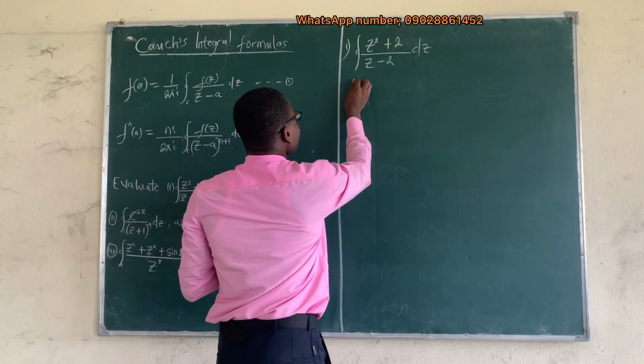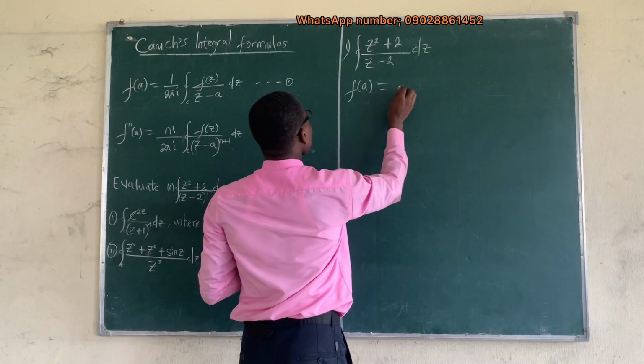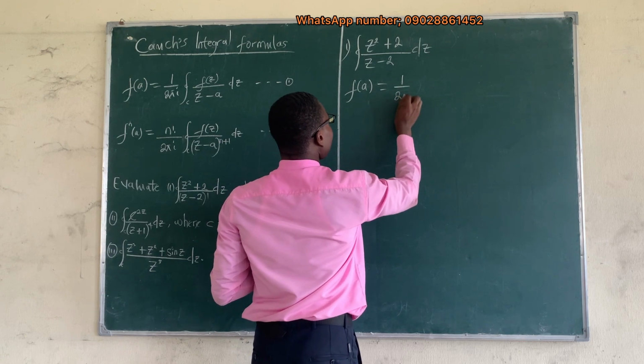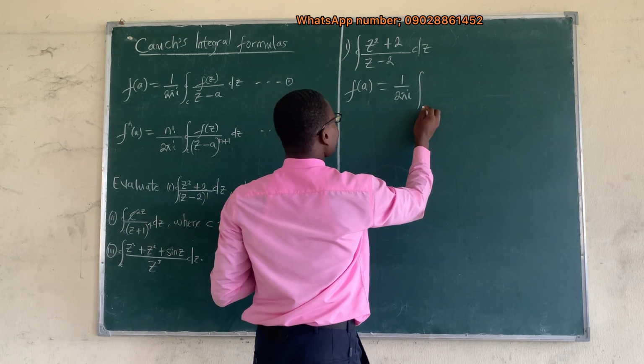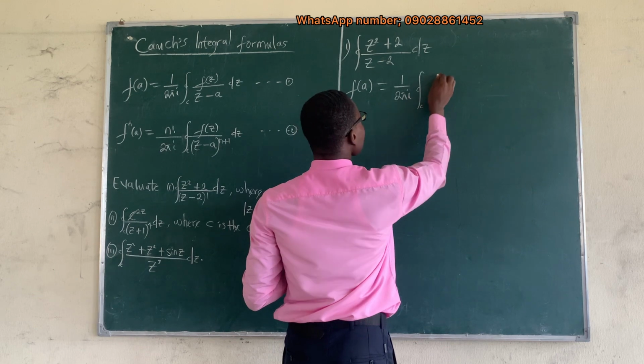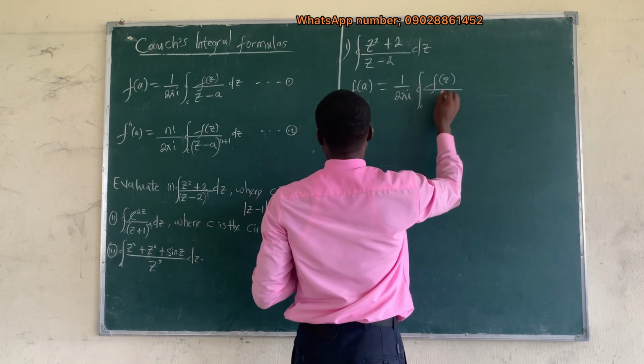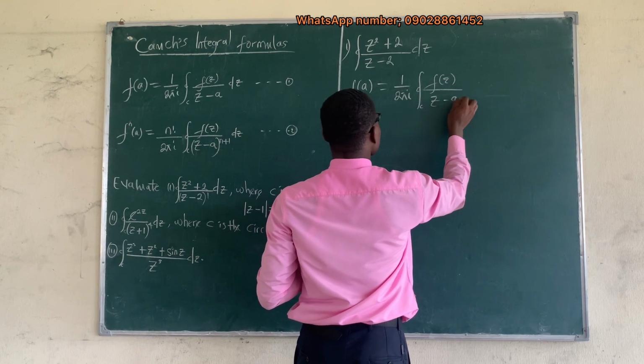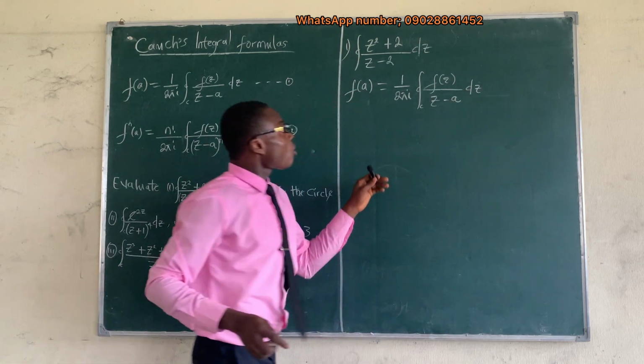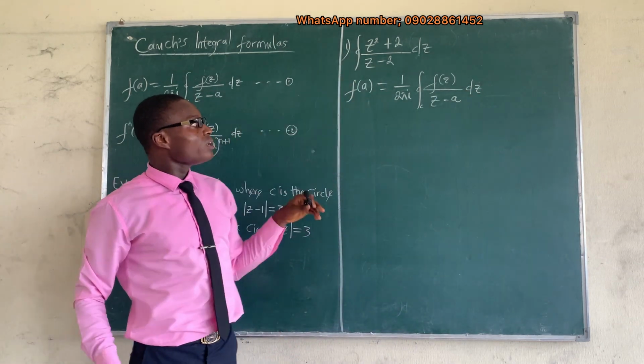And the first formula there is f of a equal to 1 over 2 pi I, the integral of c, because c is closed, of f of z over z minus a dz. Compare this formula to the given integral.